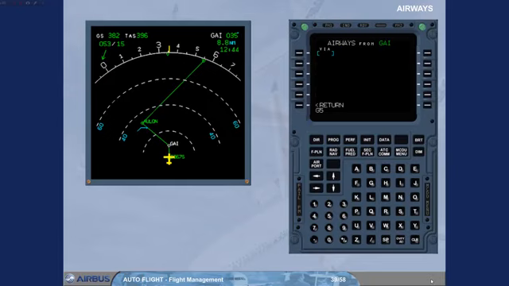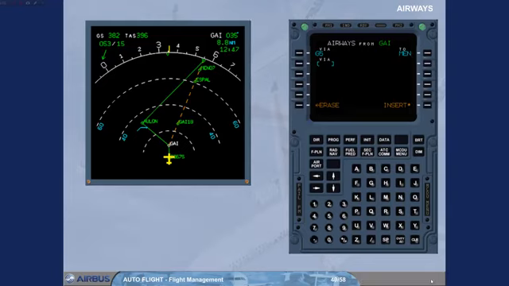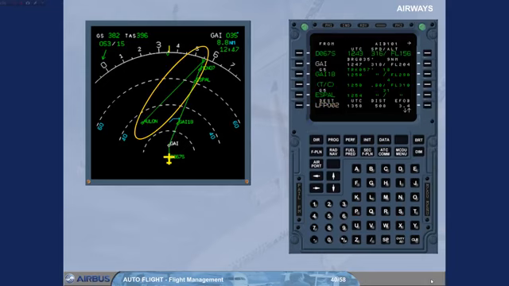The revision is done for each segment by first inserting its airway identification, and then by inserting its ending point. After the insertion in the flight plan is completed, some cleaning may be required.